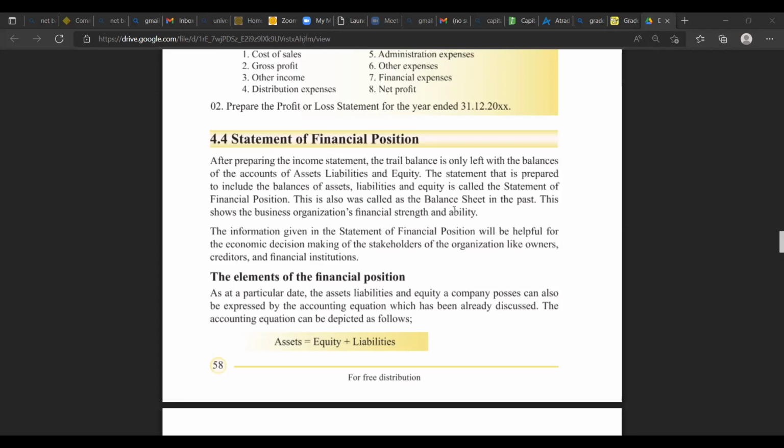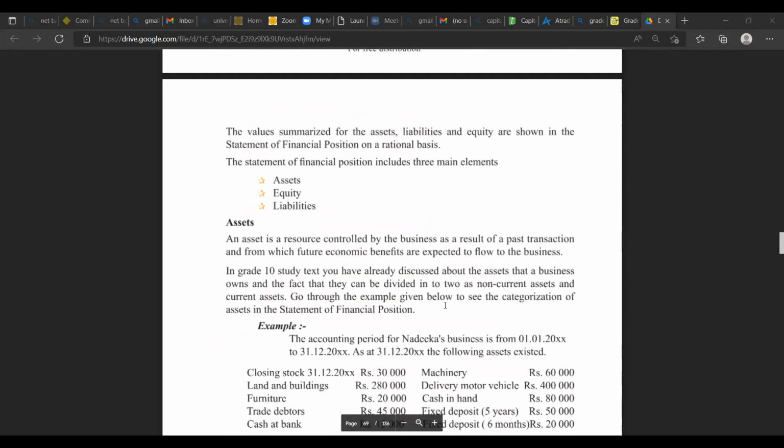Also, this represents the basic accounting equation. Assets equal equity plus liabilities.